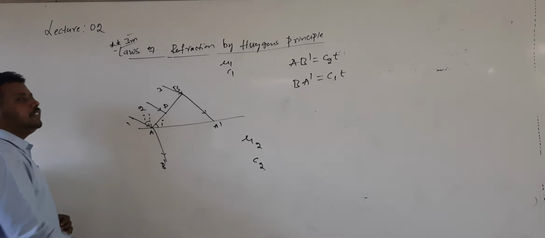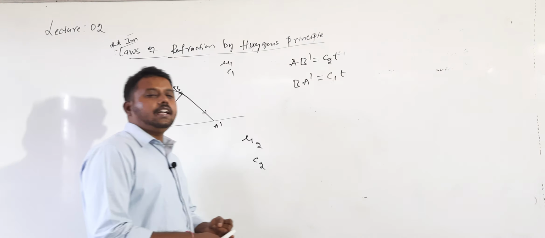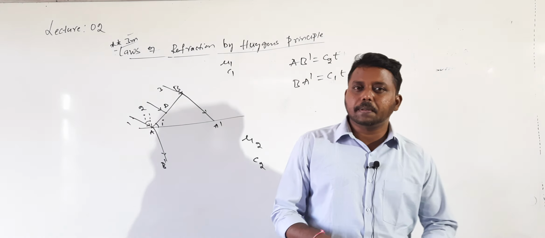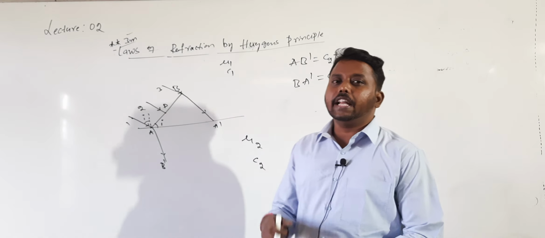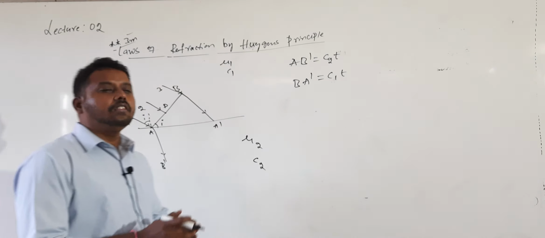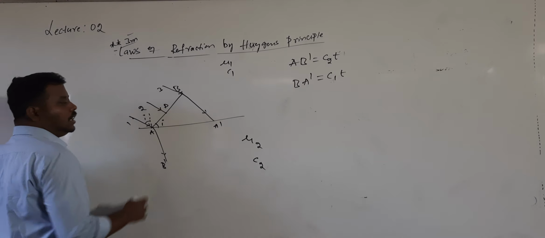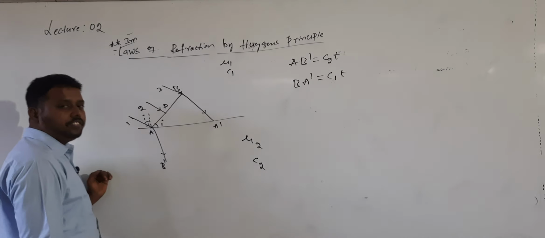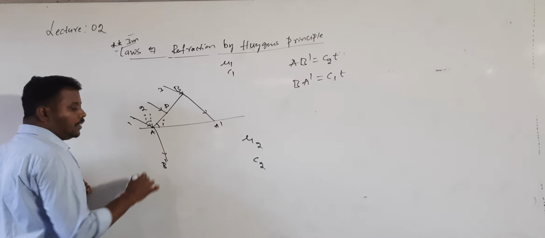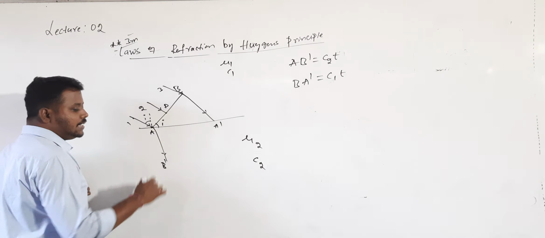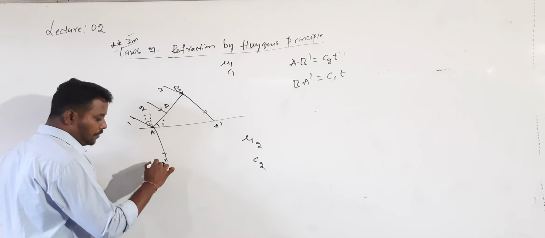So what is the first part of the Huygens principle? Every point on the wavefront acts like a secondary source, which emits light in all directions in the form of secondary wavelets. Now I know the incident wavefront, and I want to locate the refracted wavefront. What is the second point? By taking that point as a center and the distance traveled by the light as a radius, I draw a sphere.